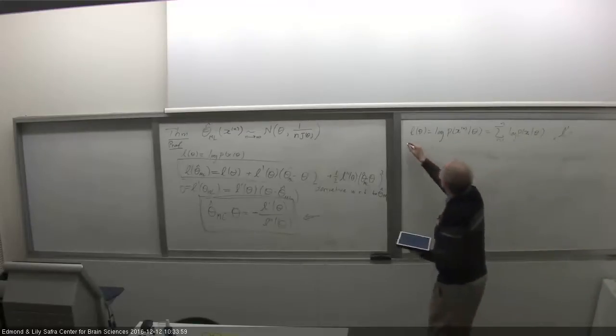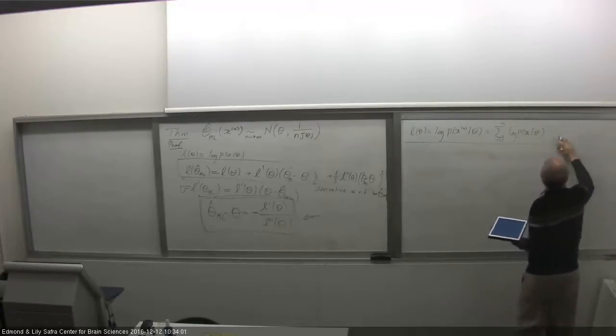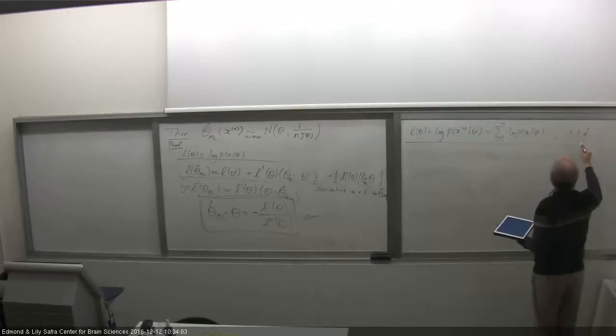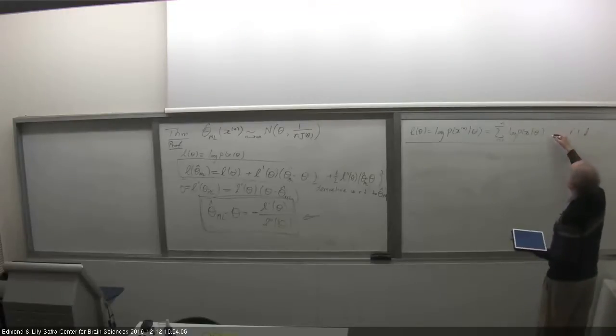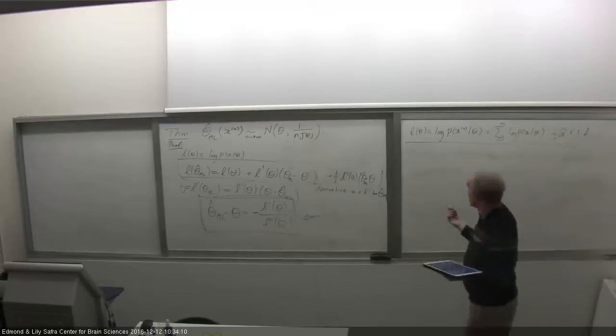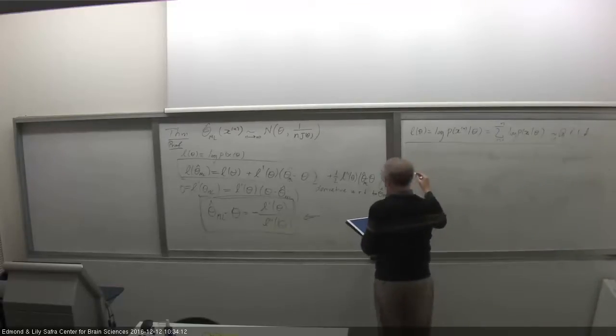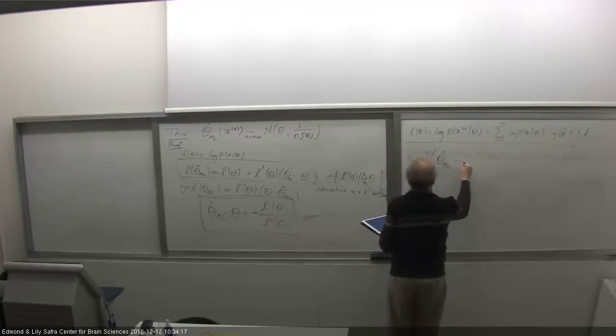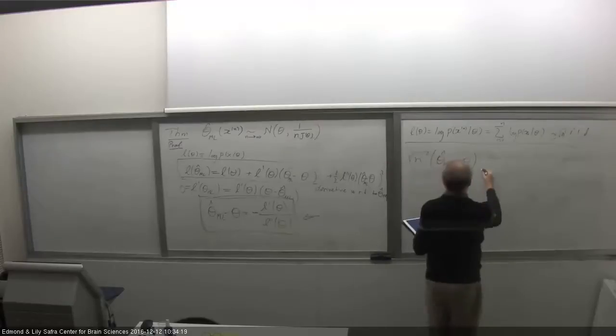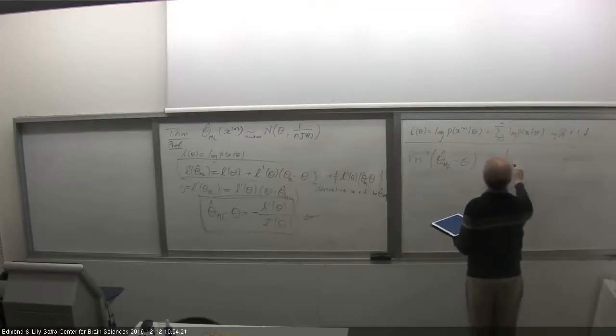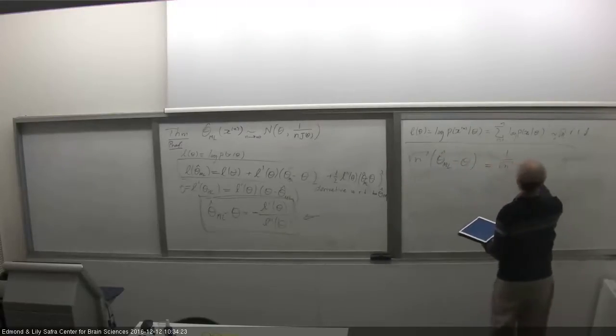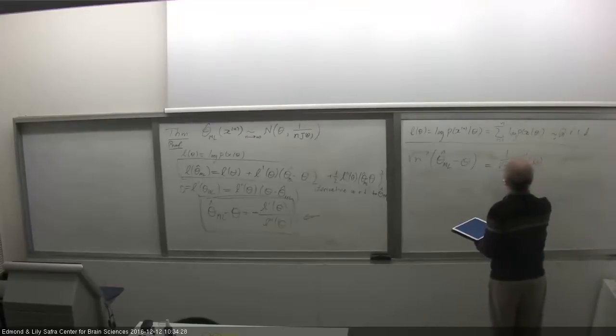So I should actually look at these, which are IID numbers, and this grows like square root of n. So this is just to give you the scale. So essentially, you should look at the square root of n times theta ml minus theta, and this looks like, now I multiply by the square root of n, so I look at it as 1 over n, L double prime theta.